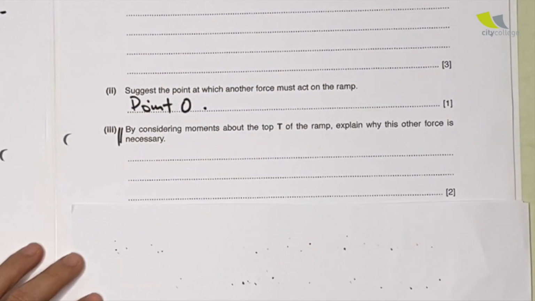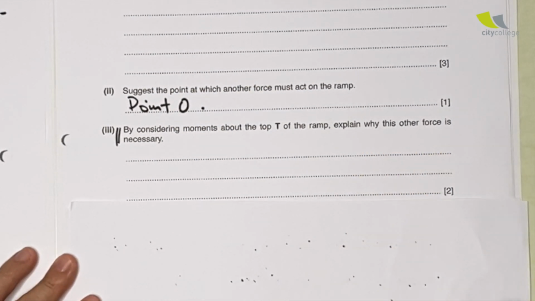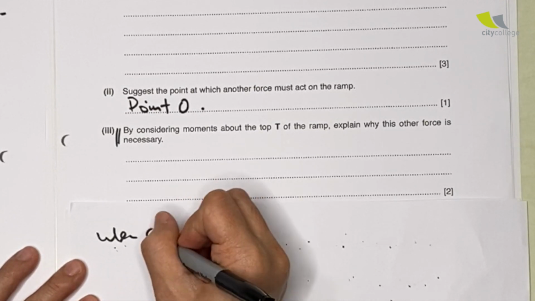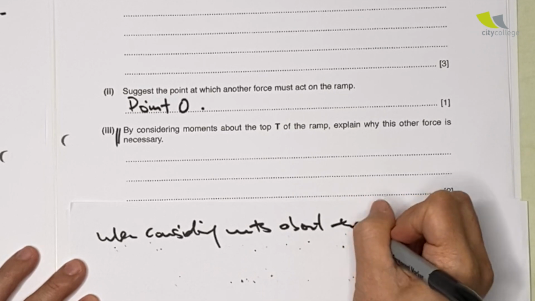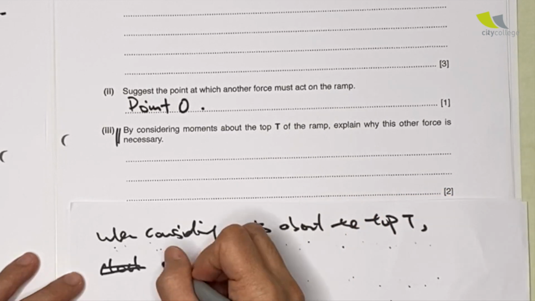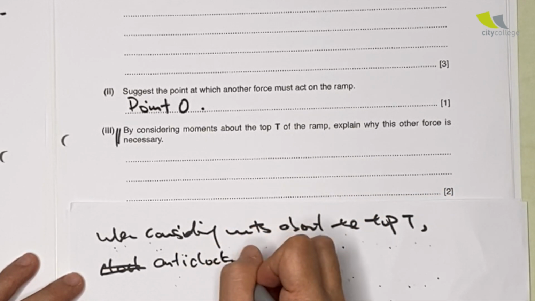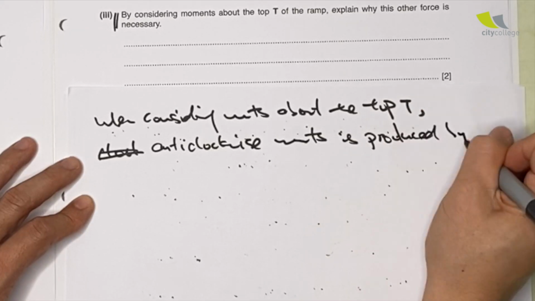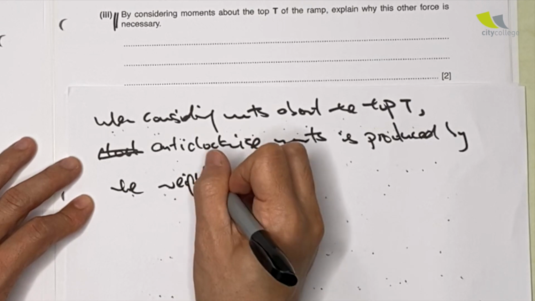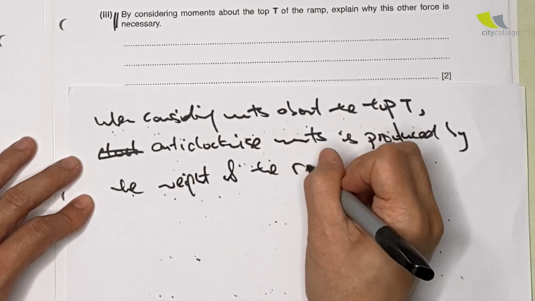And the next part, explain why this other force is necessary. When considering moments about the top T, an anti-clockwise moment is produced by the weight of the ramp.